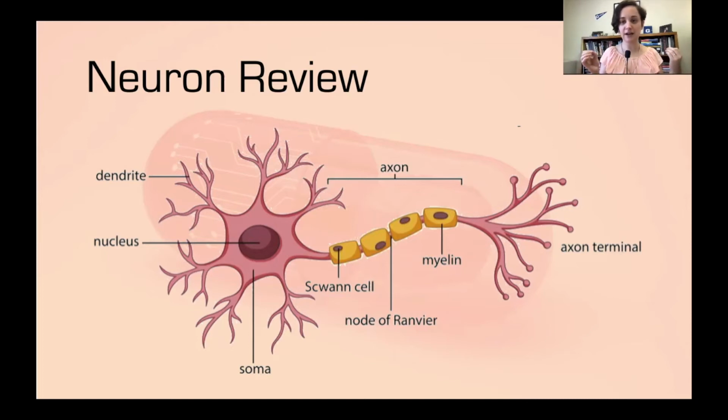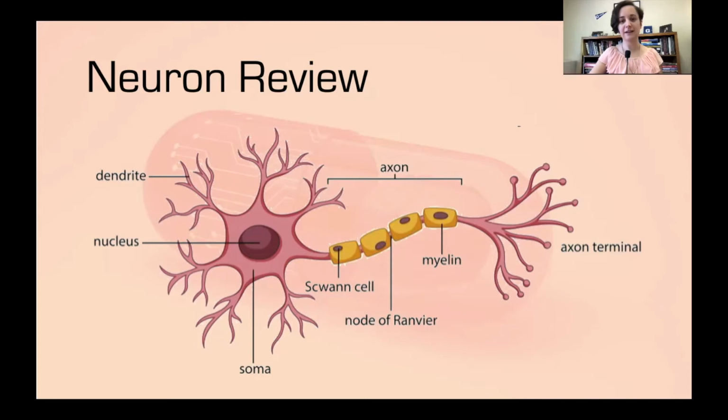The axon is sort of like the root of the tree. The axon is the long extension from the cell body that travels away from the cell body and carries neurotransmitters and action potentials, or those electrical signals, away from the soma or the cell body. The action potentials and neurotransmitters travel down the length of the axon until they reach the axon terminal.